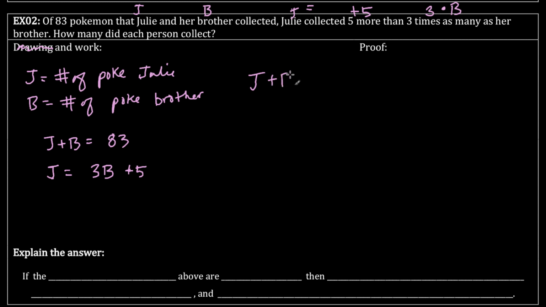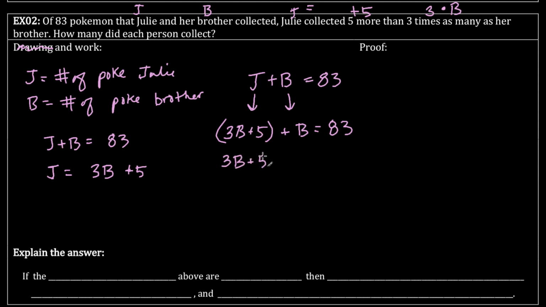The number of Pokemon Julie plus the number of Pokemon the brother is 83. We can substitute in 3B plus 5 for J, and then put B here for the number of Pokemon the brother. We can drop the parentheses. 3B plus B is 4B.